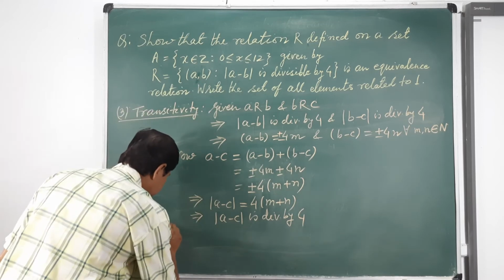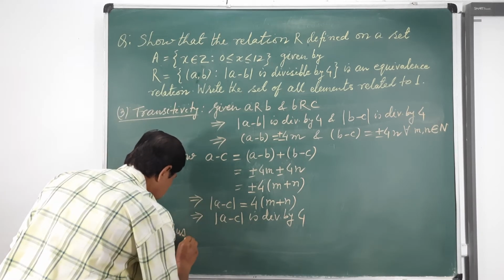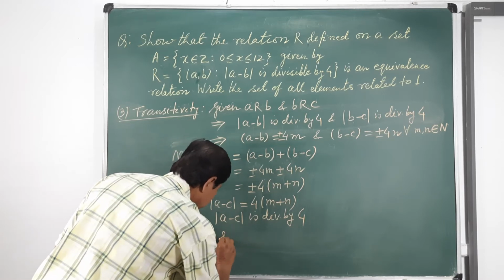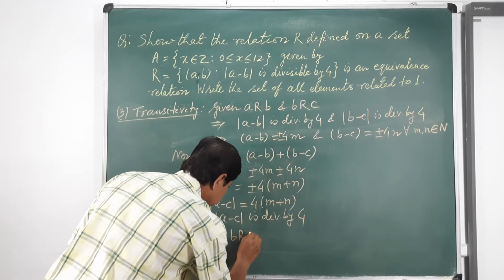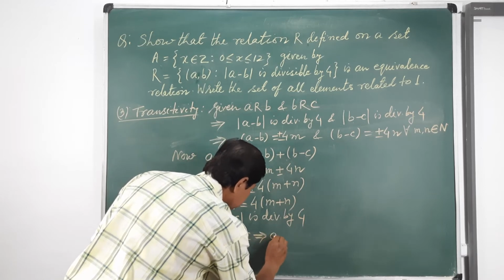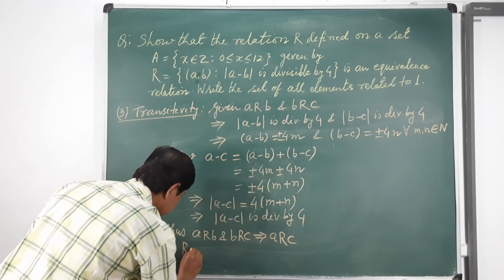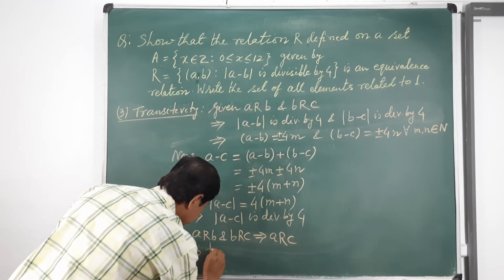So, thus A is related to B and B is related to C implies A is related to C, and therefore R is transitive.